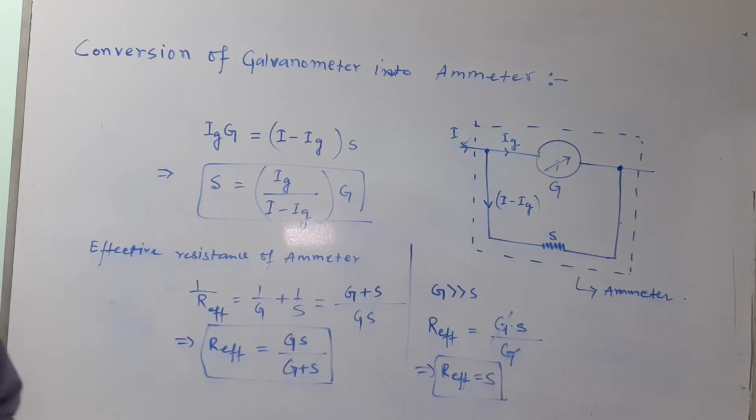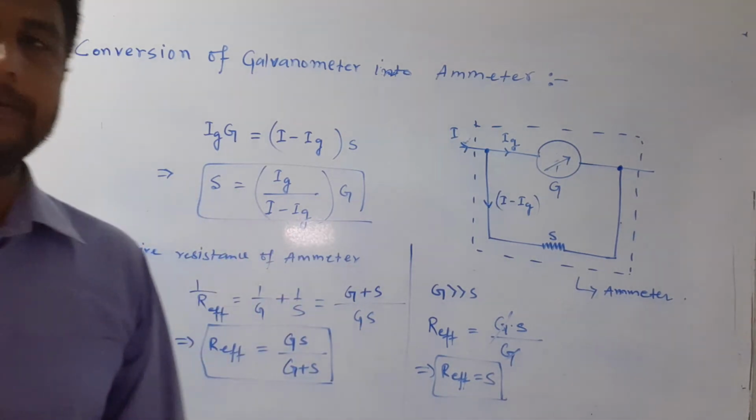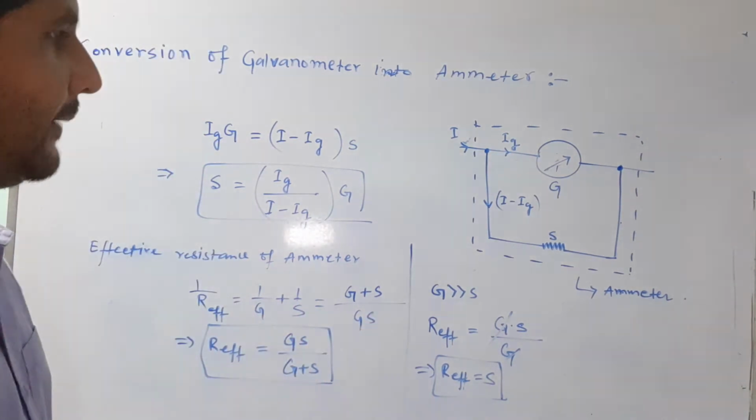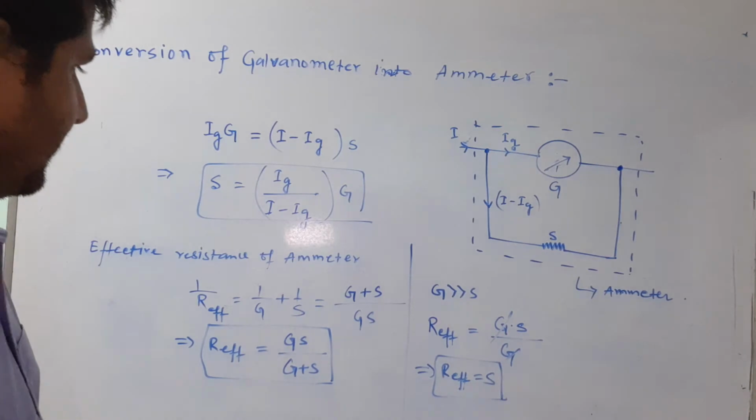So an ammeter is a device having very low resistance, and for an ideal ammeter the resistance is 0.